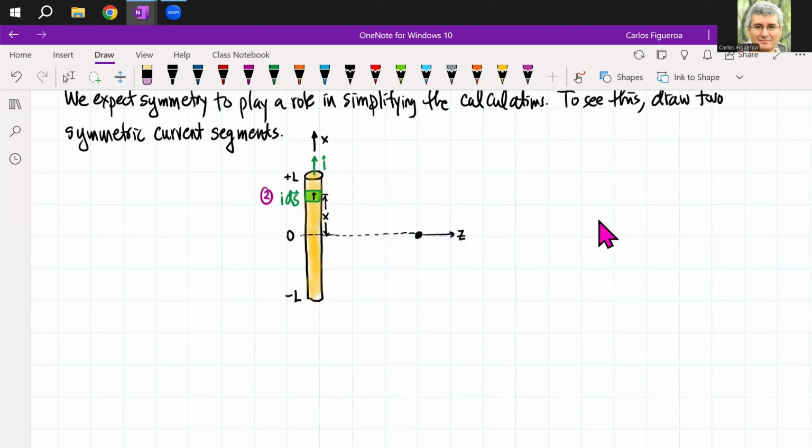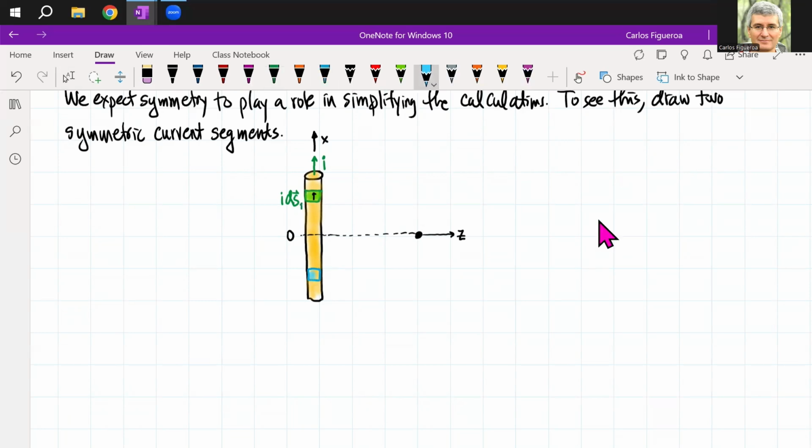The one thing that I want to pay attention to here is that I want a second wire segment. And let's say that this wire segment is symmetric with the first one. So I'm going to call this guy 1.